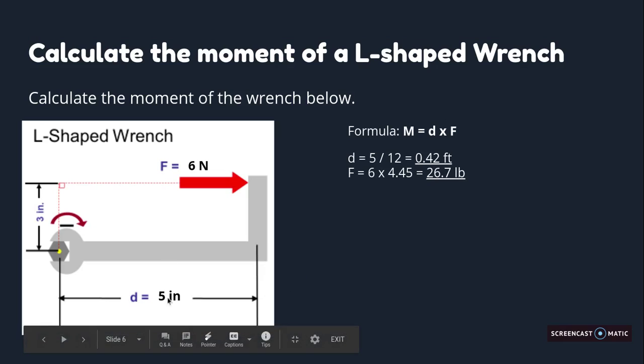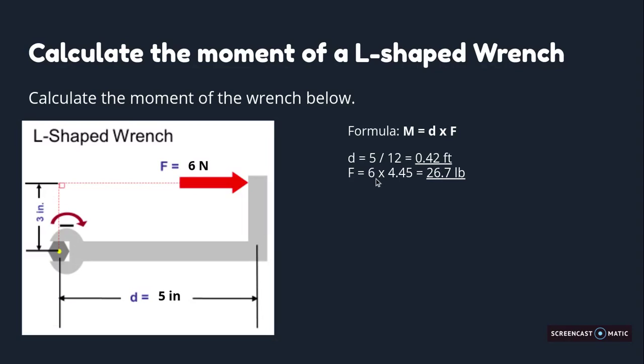The formula for finding a moment, which we've already learned, is M equals D times F, where M is moment, D is distance in feet or meters, and F is force in pounds or newtons.